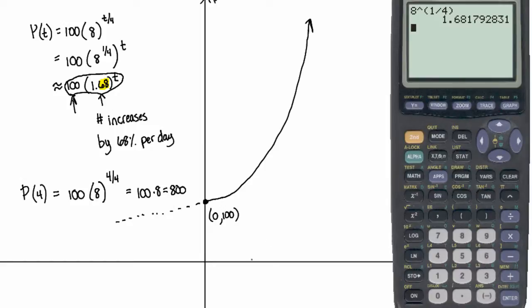So that means at time 4, so maybe let's say this is 1, 2, 3, 4. So day 4, 800 people know. Now, of course, my graph is not to scale. This should actually be up a little bit higher, but I'm okay with that. 4, 800. Good exponential growth on that.